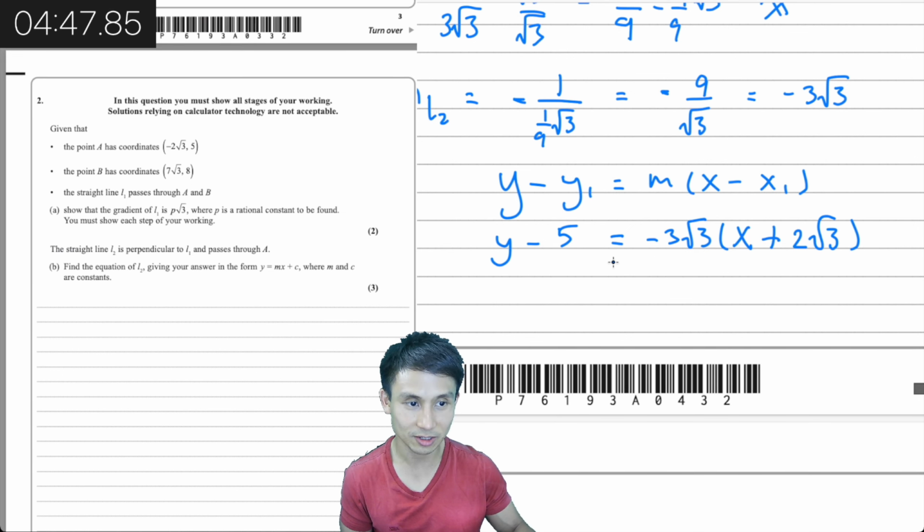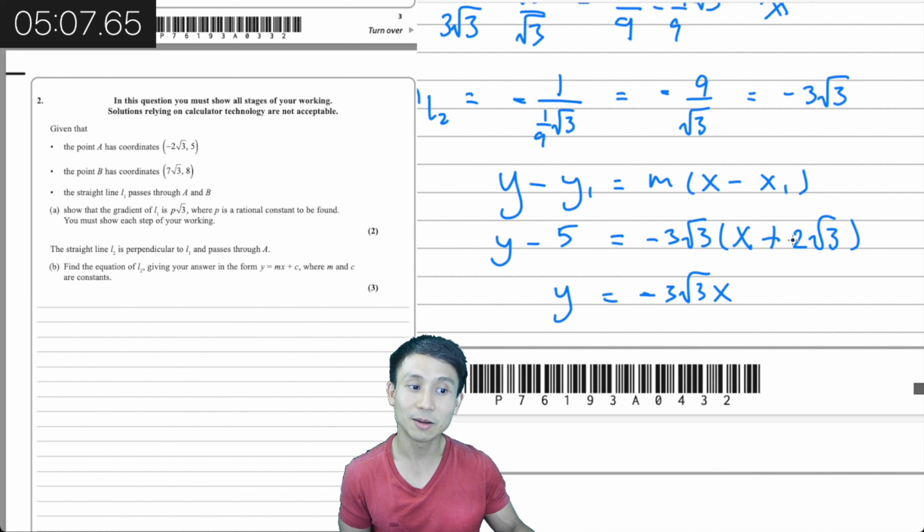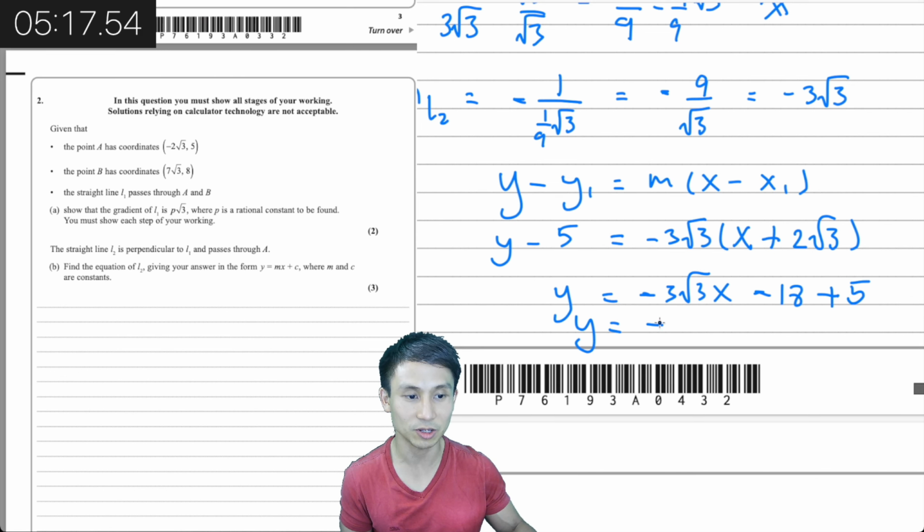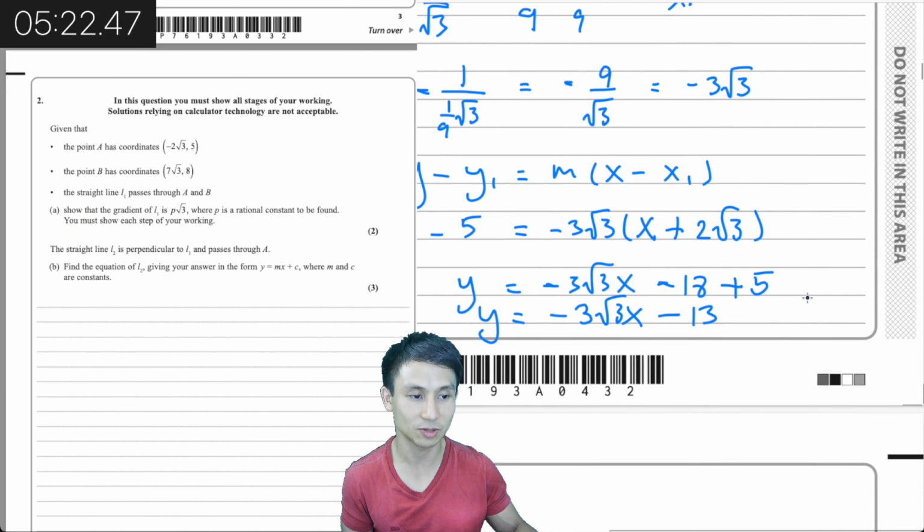If we multiply everything through, we should make y the subject as well because this is y equals mx plus c. So I'm just going to move 5 later on there. And then if you multiply minus 3 root 3 into the 2 root 3, you get minus 6 times 3, which is minus 18. Yeah, just multiply those through. And then minus 5, you add 5 from the other side. So the equation becomes that minus 13, right? So that's done.